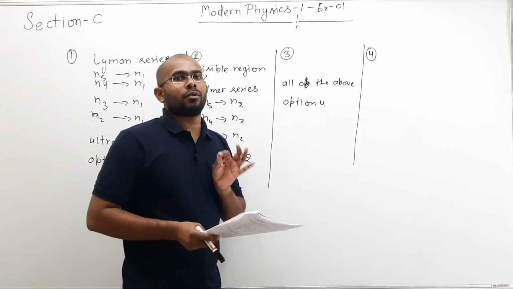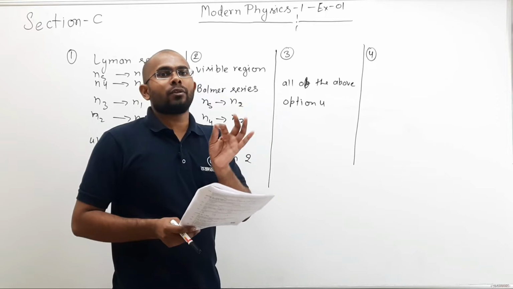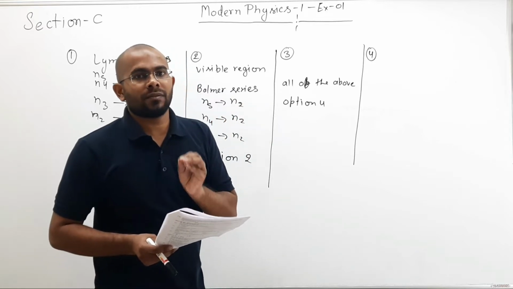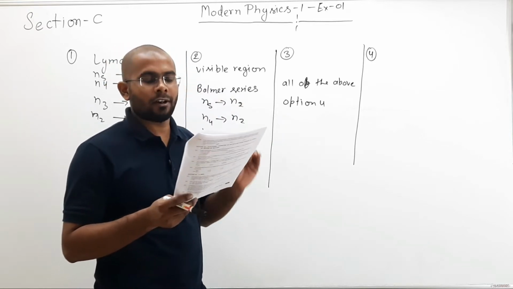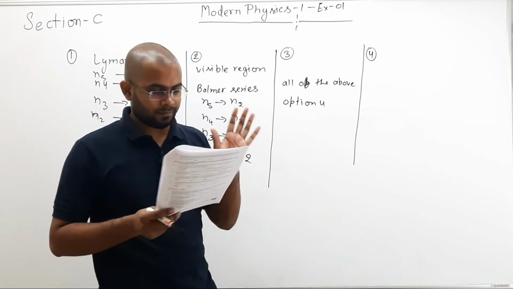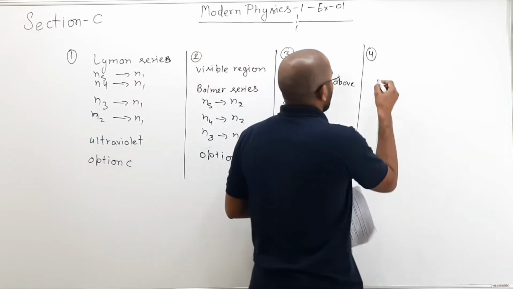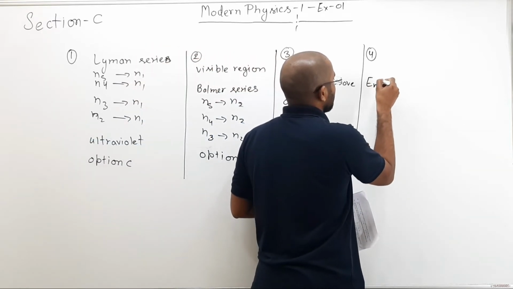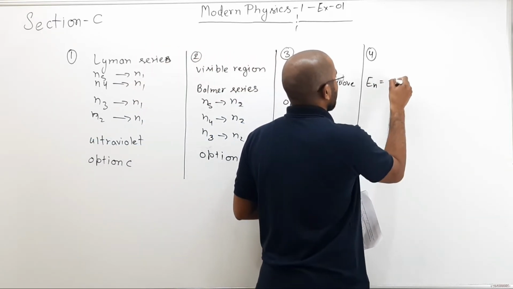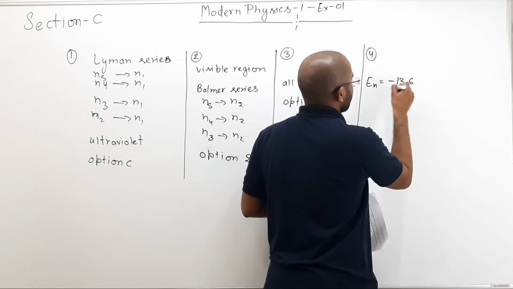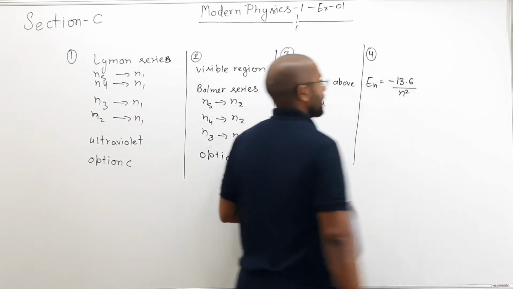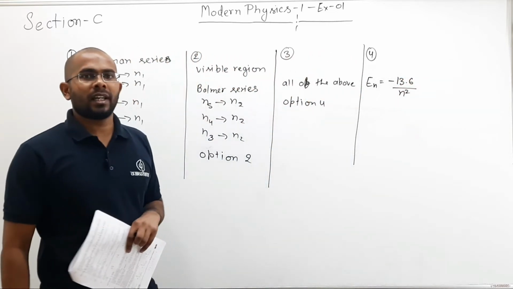So what I need to do? First I need to calculate what is the energy of electron in the third orbit of hydrogen atom. Now in case of a hydrogen atom, energy in the nth orbit may be written as minus 13.6 divided by n square.